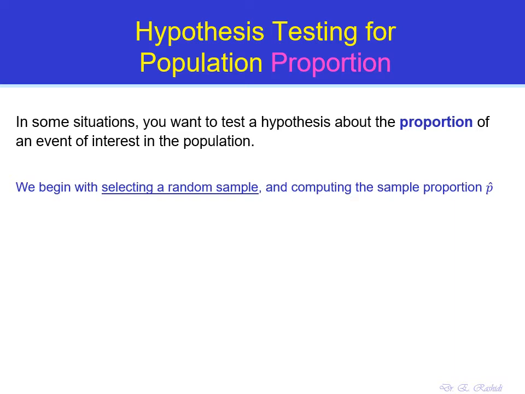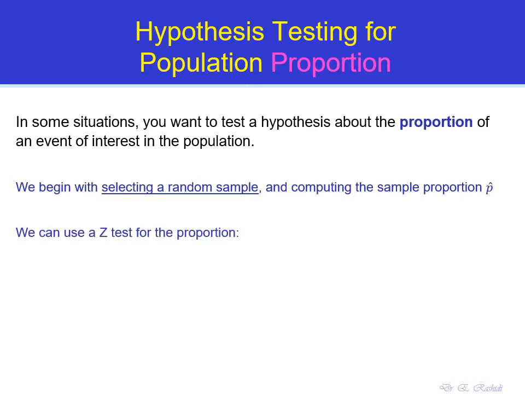So we begin by selecting a random sample. We're going to gather the evidence, and we're going to compute the sample proportion p hat. So previously we were testing for the mean, so we were computing x bar, the sample average. Here we're going to gather a sample and compute the sample proportion p hat.